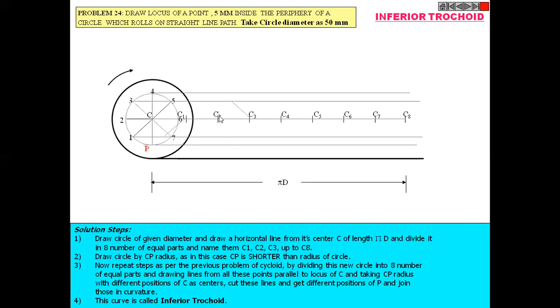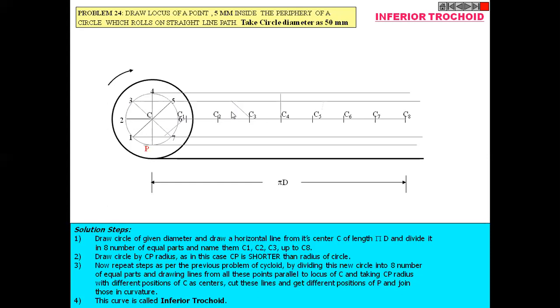In the same way, for the line passing through point number 2, with C2 as a center, mark one arc here. With C3 as a center, on the line from the third division, mark one arc here.